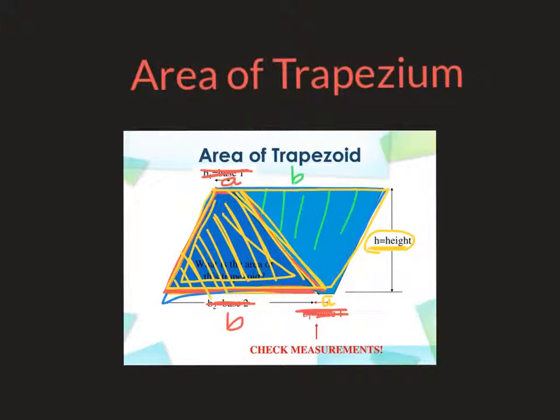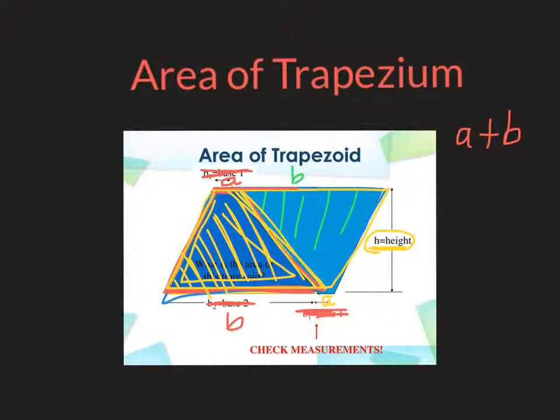So what we would need to do is A plus B. That will give us this length right across the top of the whole four-sided shape. If we then multiply that by the height, that will give us the area of this whole parallelogram.